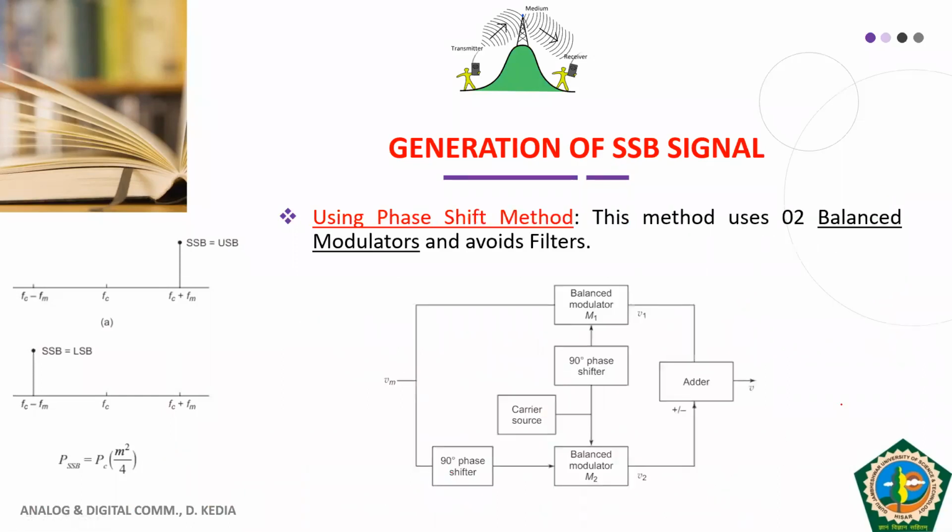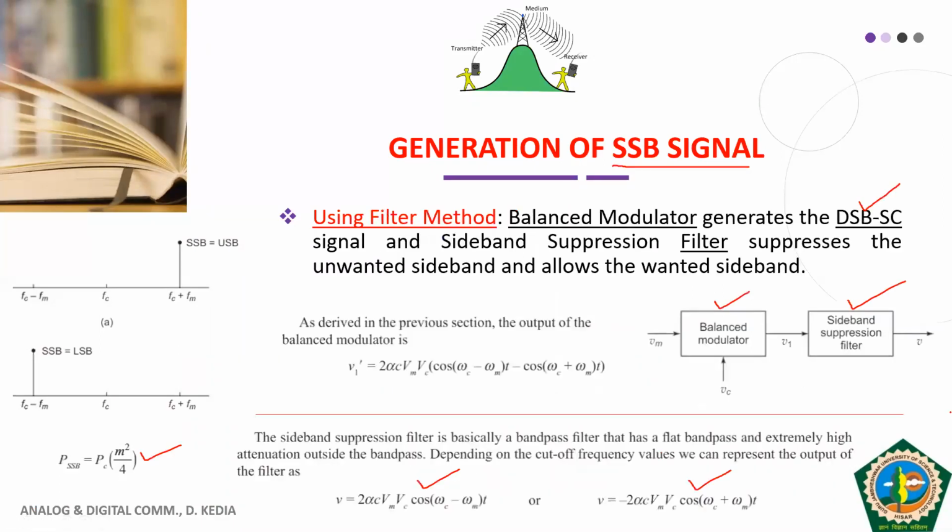So this is the method that we have to discuss today for generation of single sideband signal. If you look at the method that we discussed in the previous slide, mainly we have used a sideband suppression filter. With the help of a filter, we have removed one of the sidebands.